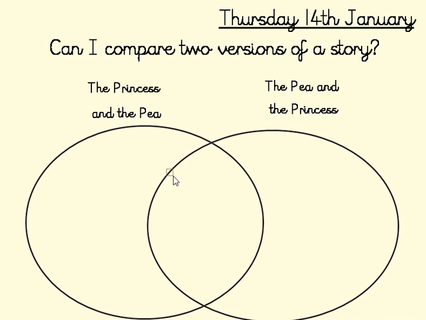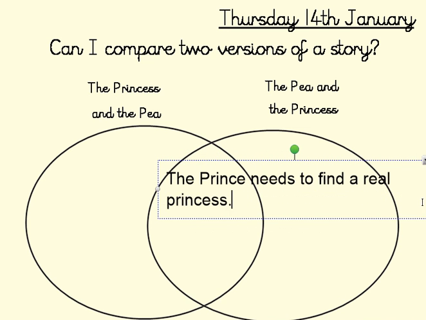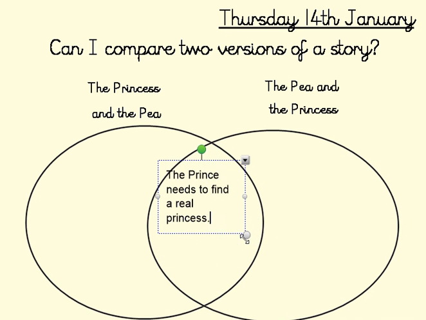Okay, so we could put in the middle here that in both stories, the prince, I'm going to use a capital letter there, the prince needs to find a real princess. That's definitely something that is the same in both of the stories. What else is the same in both of the stories?